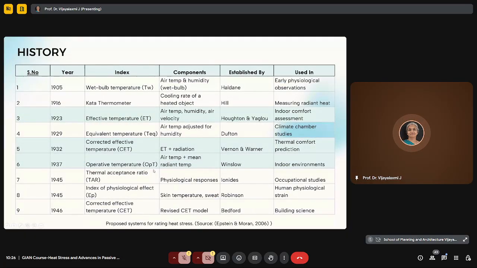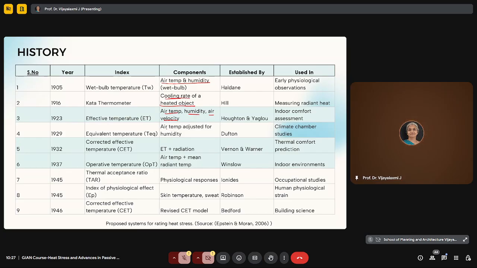I have already told this, but I thought I would place it here, and then we can see the wet bulb temperature. It combines air temperature and humidity. Kata temperature is the cooling rate of a heated object, the rate at which it cools, which depends on the parameters of air. Effective temperature combines air temperature, humidity, and air velocity in a nomogram, so from a nomogram we can find the effective temperature.